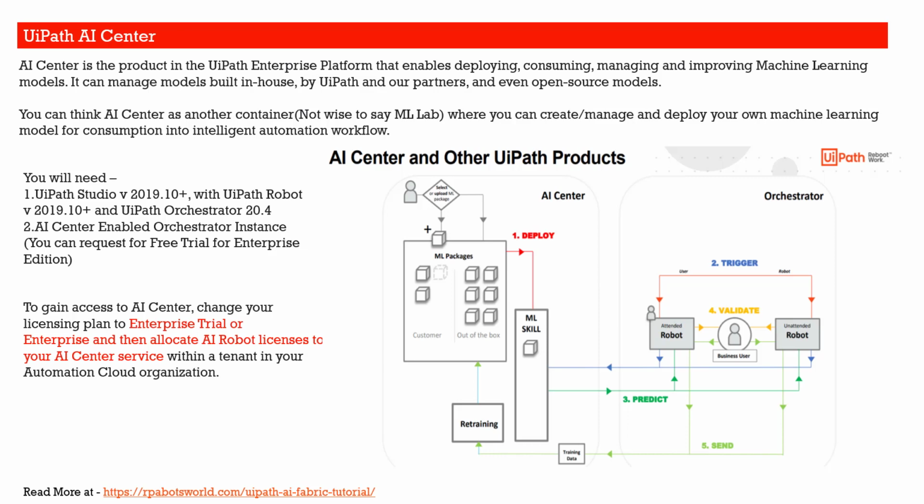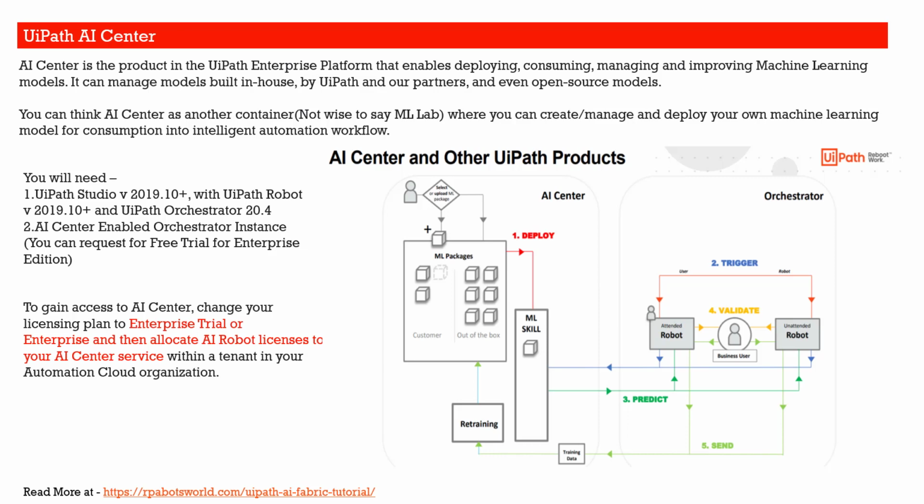Before that, let's quickly revisit the diagram that we have in this presentation. If you look here, the RPA developer is using an ML package. You have different ML packages. One is your customer-built ML package, and some are out of the box. So you should be able to select or upload the package and you can deploy that ML package as an ML skill. So once an ML package is deployed, it will become an ML skill. That ML skill will perform whatever task needs to be done using your ML model inside a UiPath robot.